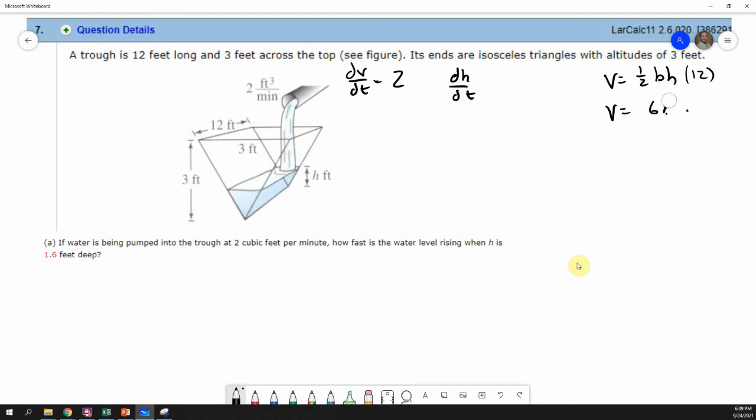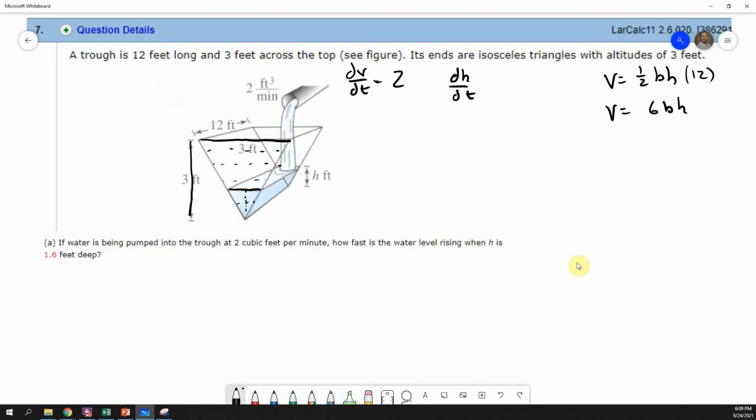Now, the problem is we've got that base in there, and I don't know how to handle it. This is two different variables, because the base will be changing, right? This is our base, and this is our height. But I want you to look: in the big triangle, the base and the height are the same, which means that every triangle inside of that will also have the same base and height.